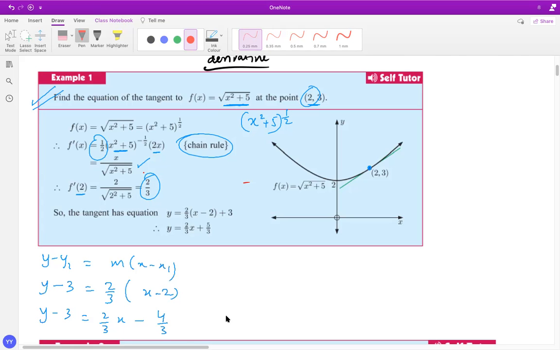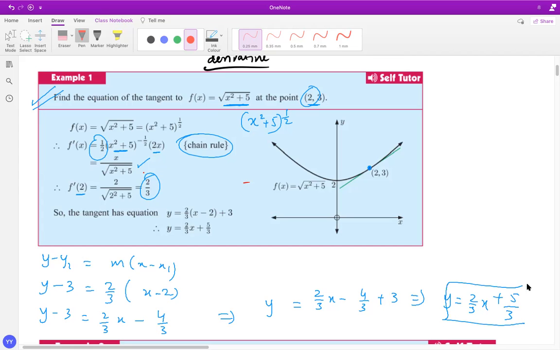If you bring this 3 over, we get y equals 2/3 x minus 4/3 plus 3. 3 times 3 is 9, and 9 minus 4 is 5, so y equals 2/3 x plus 5/3.